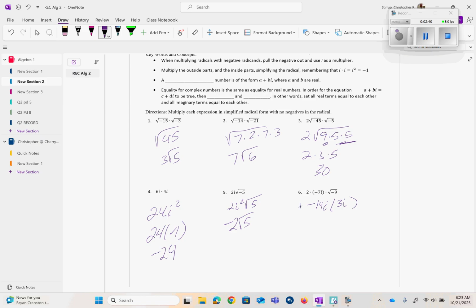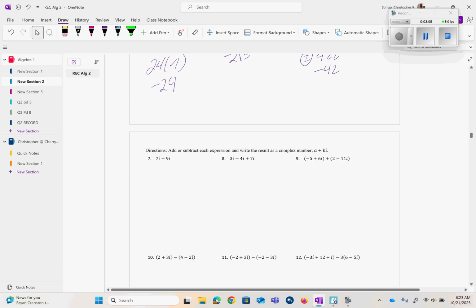So remember, there's going to be a plus or minus with that component. So 14 times 3 is going to give me plus or minus 42i squared. I guess we don't even need the plus or minus because that's now just going to give me -42 because i squared is -1. And then we're done.